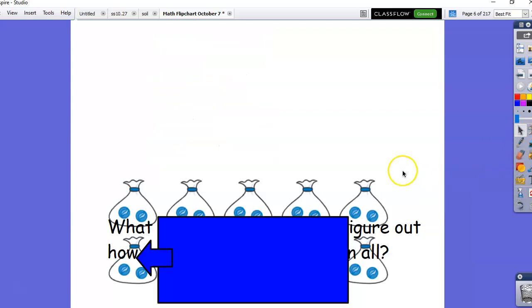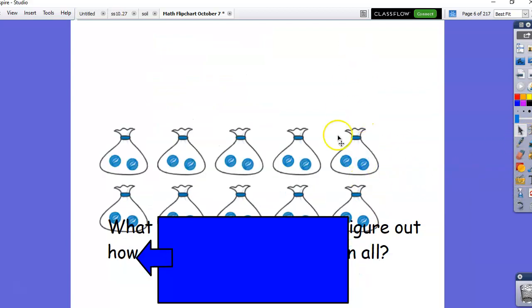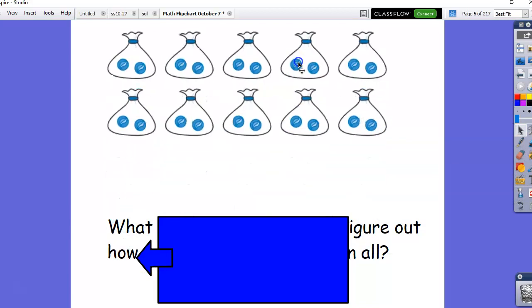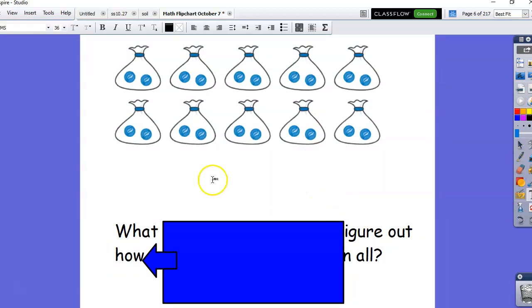As a group, when we solved this, we asked what this was, and this would be 10 groups, and each group has 2, so your equation would be 2 times 10, or 10 times 2, just depending on which one you made the group and which one you made how many is in each group.